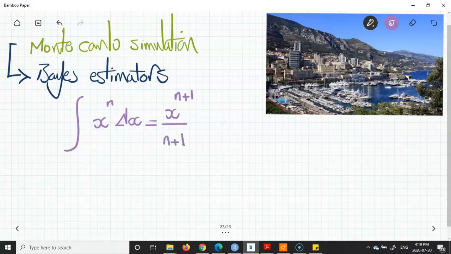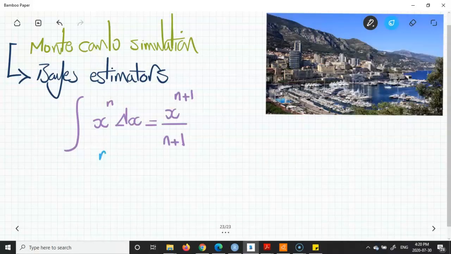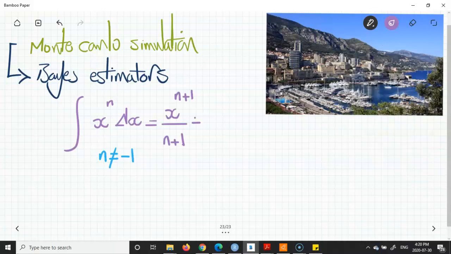And you notice that from this result, we have to make sure that n is not equal to minus 1, because if n is equal to minus 1, there is a different method to find the result of this integration. And we always call that an indefinite integral, so we have to add a constant c at the end of our integration.